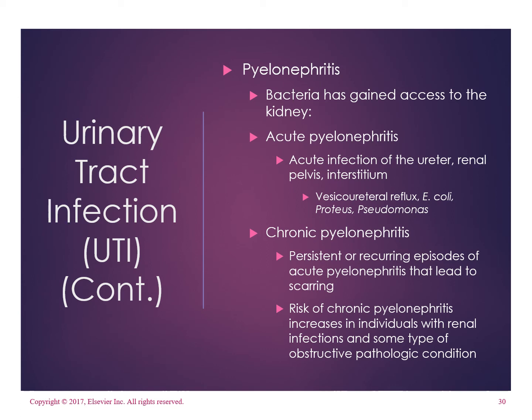Chronic pyelonephritis is persistent or recurrent episodes of acute pyelonephritis that lead to scarring of one or both kidneys. The recurrent infections can be from an obstructive process.